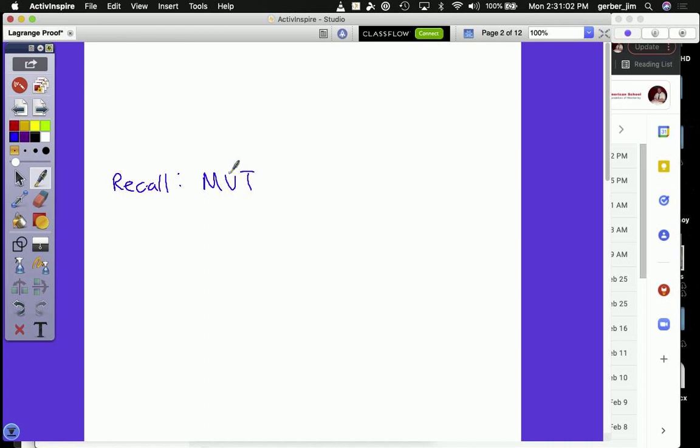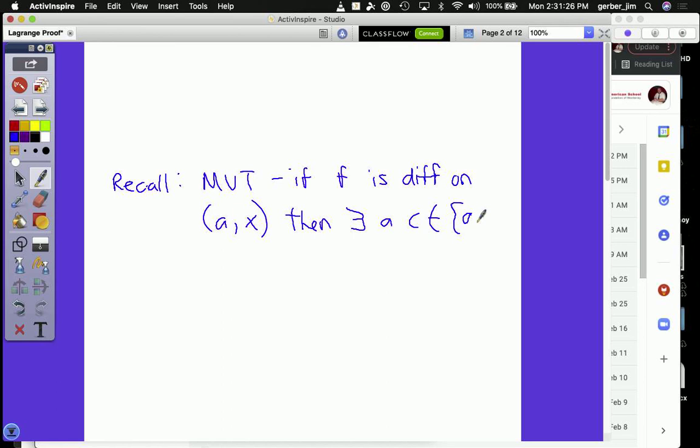You remember the mean value theorem says that if I have a function f, and if f is differentiable on the open interval a to x, then there exists a c on the open interval a to x such that f prime at c equals f at x minus f at a over x minus a.